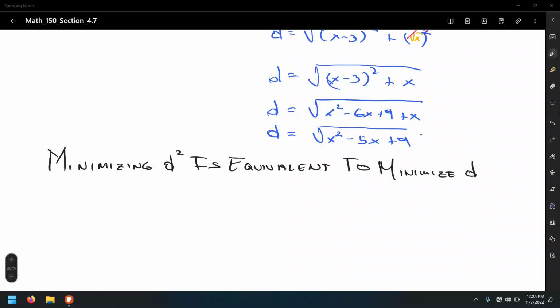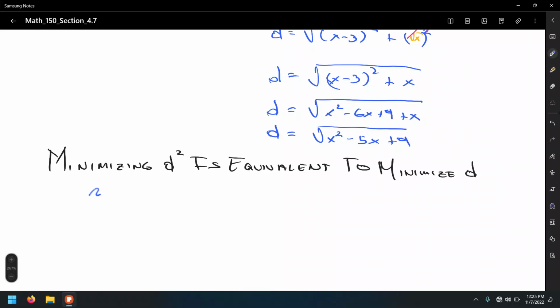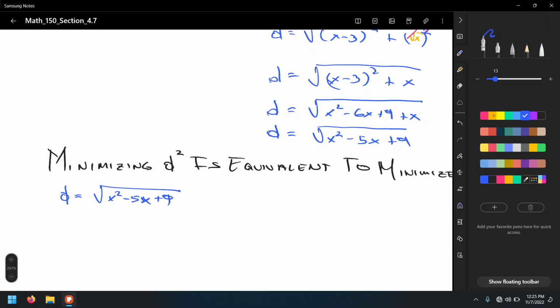We're going to square both sides of this equation here. I'm going to write the whole thing again. d equals the square root of x squared minus 5x plus 9. Square both sides. That's d squared equals x squared minus 5x plus 9.